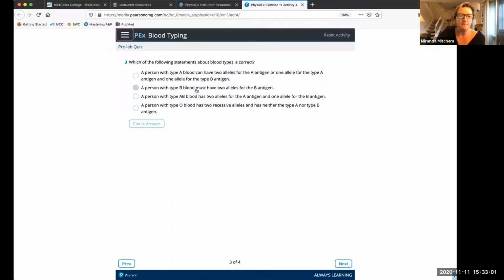A person with type B must have 2 alleles for the type B. No, because they could have that recessive allele and just 1 dominant B. A person with type AB blood has 2 alleles for A and 1 allele for B. Well, then they would be AAB. That doesn't even match genetics. A person with type O blood has 2 recessive alleles, neither A or B. That's the right answer.